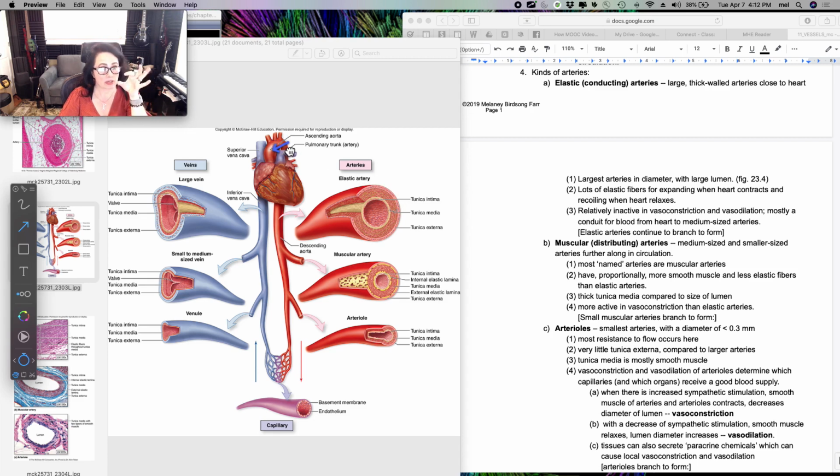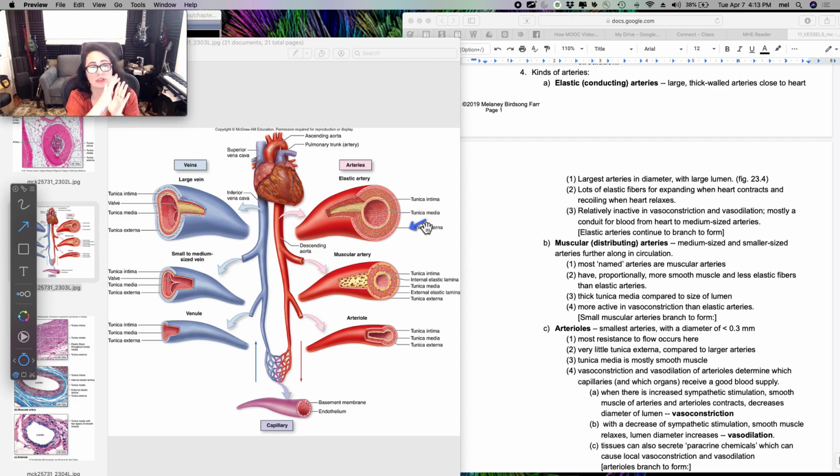And the aorta has a really big diameter, both in the lumen and the size of the wall. It's really, really elastic because the heart pumps into the aorta in big squirts, big boluses of about a quarter cup per squirt. And so it receives this big bolus of blood and it has to kind of snap back.